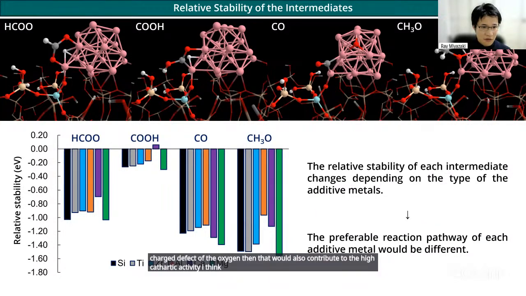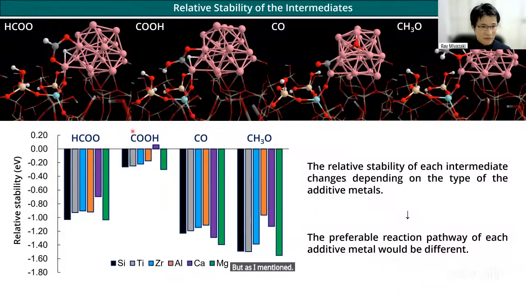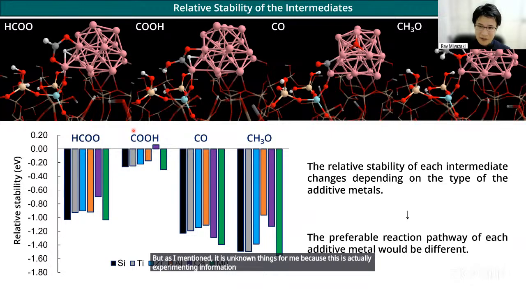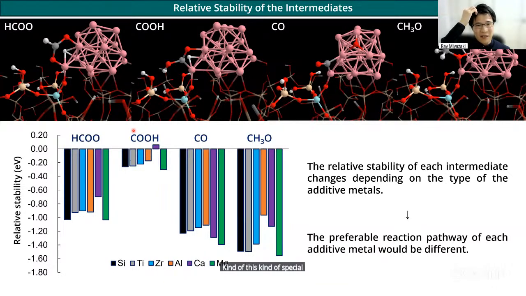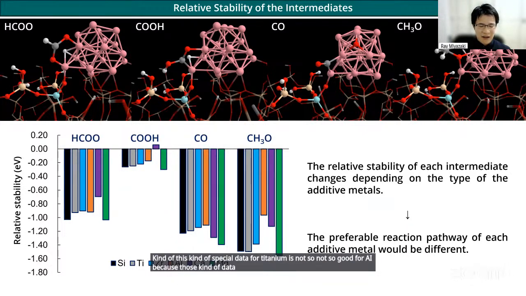But as I mentioned, it is unknown to me because this is experimental information, and very complicated, so we need to carefully investigate this. In this study, we would like to make some data for AI, and this kind of special data for titanium is not so good for AI because such information is lacking for zirconium or other metals.